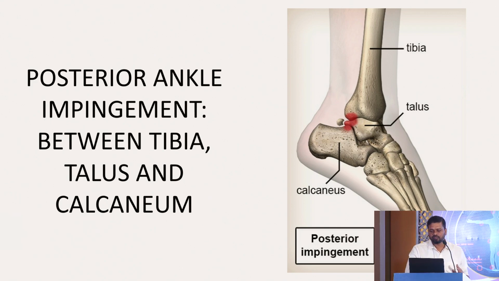In posterior impingement, you can get an accessory bone or osteophytes, or there is a condition like a beak-like talar structure, an elongation of the talus, so we can get impingement in the posterior aspect.